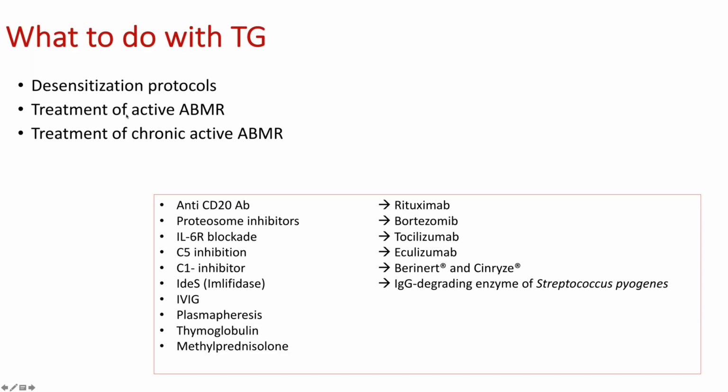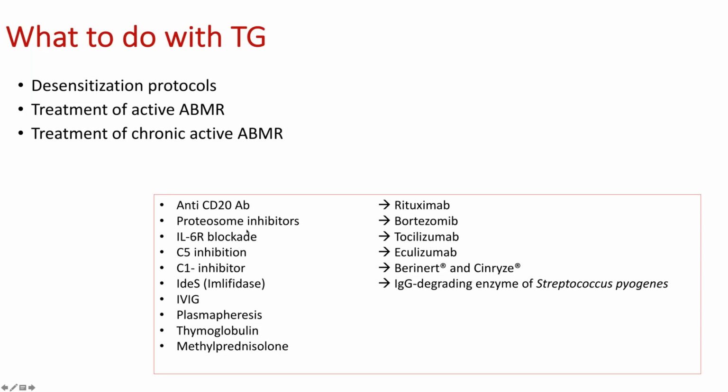So there can be desensitization protocols, treatment of active ABMR, and treatment of chronic active ABMR. I'm not going into any individual studies because none of the studies so far have, in conclusive terms, established that one particular regimen is superior to another. So I'm simply listing all that's present here. And what are those treatment options available?